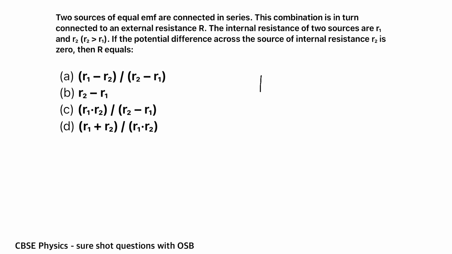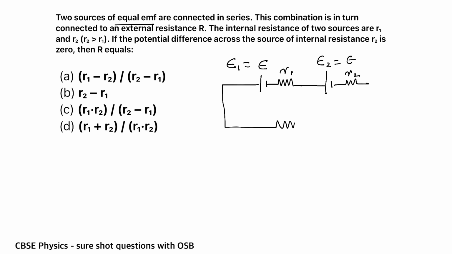So we have the first cell, EMF E1 is E, internal resistance R1, and the second one E2 is also E, because equal EMF, but the internal resistances are different. This is R2. They are connected in series and you also have a resistor capital R, connected to the external resistance R like this. Now as per the question, R2 is greater than R1.